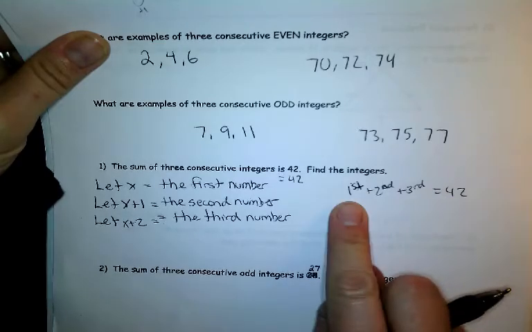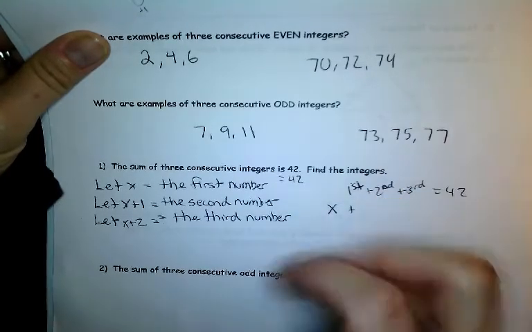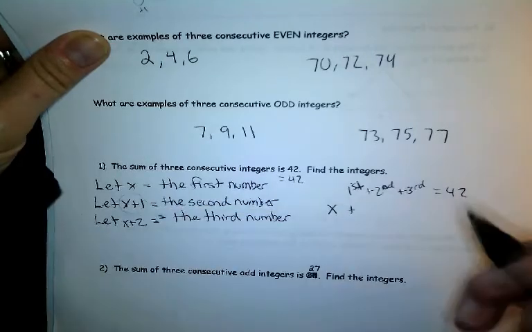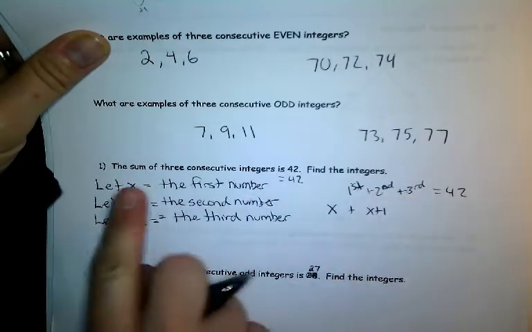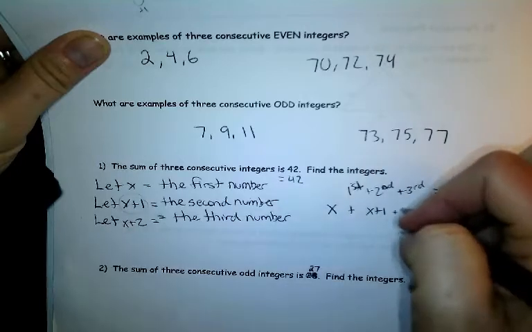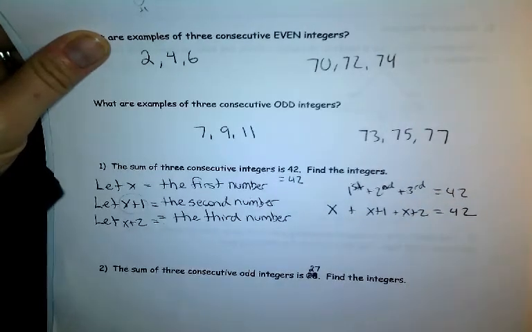So how did we say we were representing the first number? x, right? Plus, how are we representing the second number? x plus 1. And how are we representing the third number? x plus 2, equals 42. So now we have a multi-step equation.